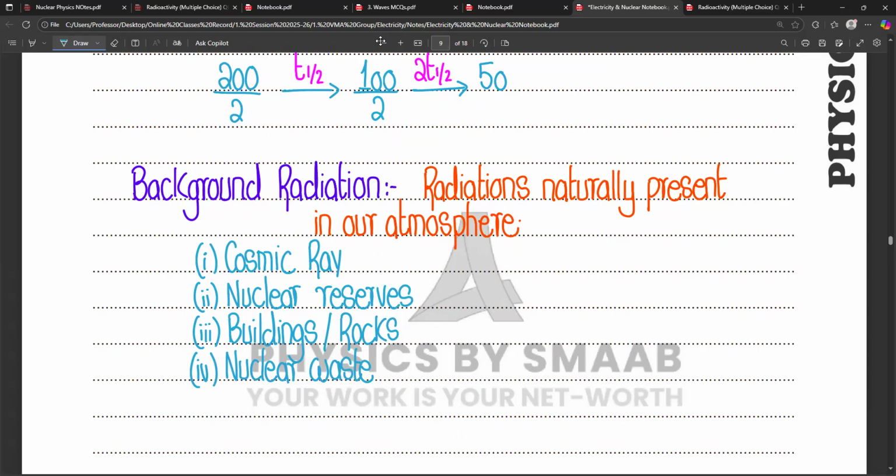So, these are the sources of background radiation, and these radiations are naturally present in our surrounding.